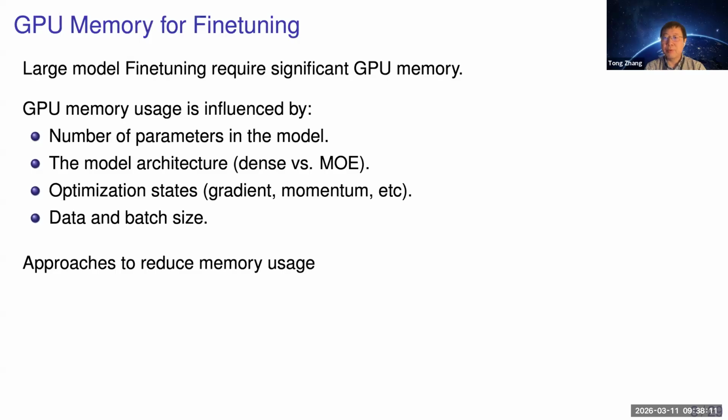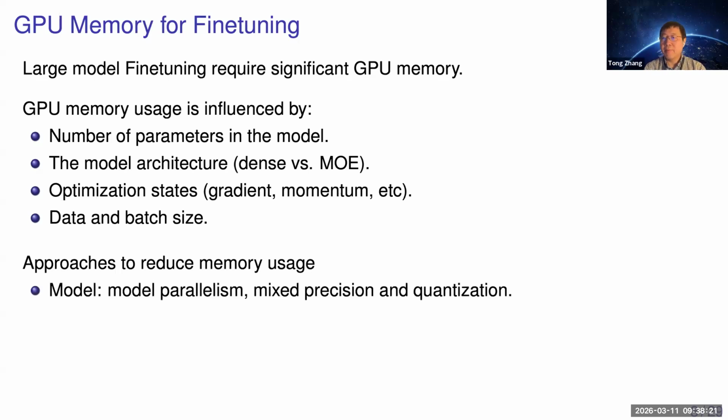And then we will come to different ways to address these issues, where you actually affect them, and then we have different solutions. For the model, what you can do is model parallelism, and also mixed precision and quantization. So this we will talk about first.